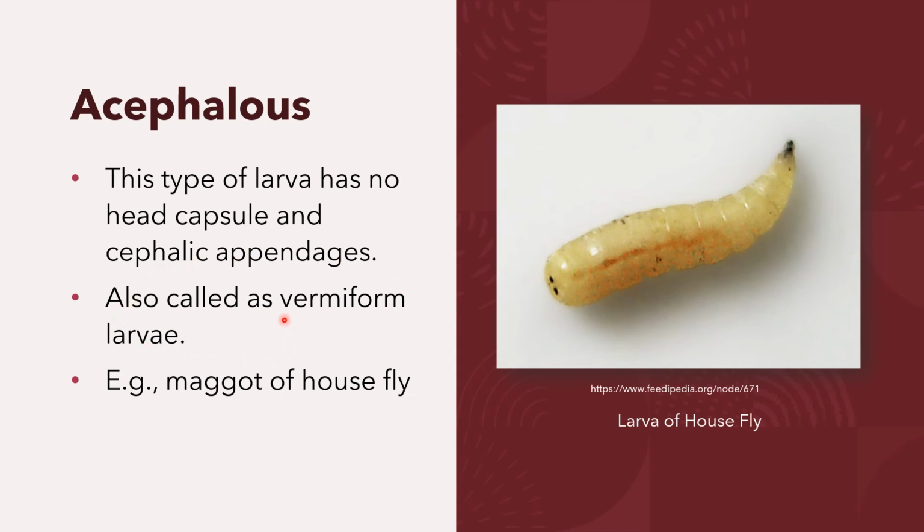So when we say vermiform, these are larvae that are maggot-shaped. That is, circular in cross-section and tapering to a point, and they do not possess legs. Examples of the Acephalous larvae are the maggots of the housefly. So this illustrates the maggot or the larva of the housefly.